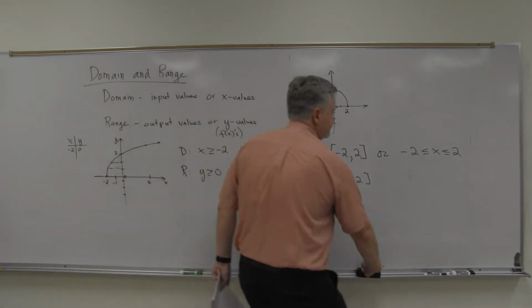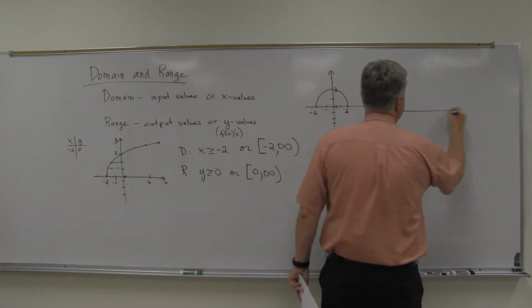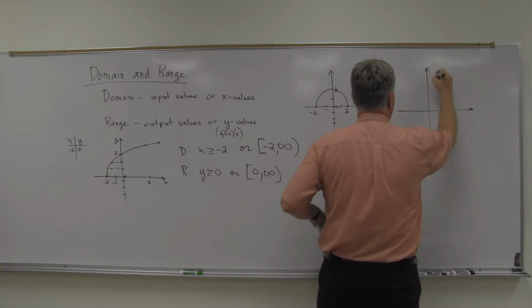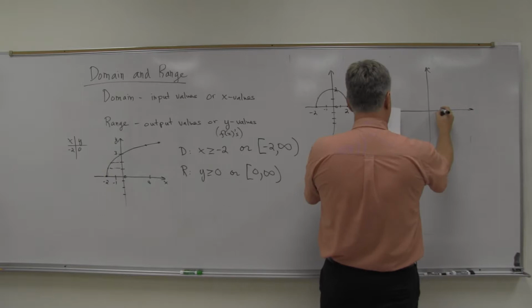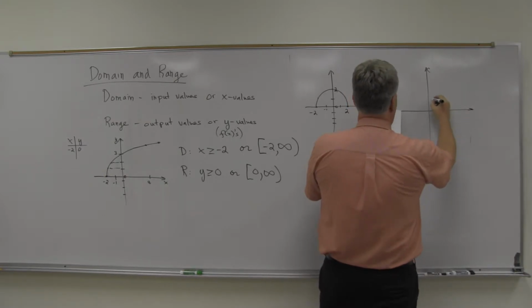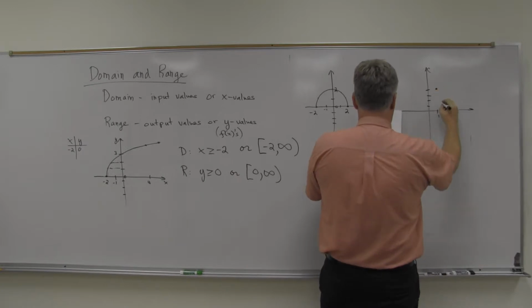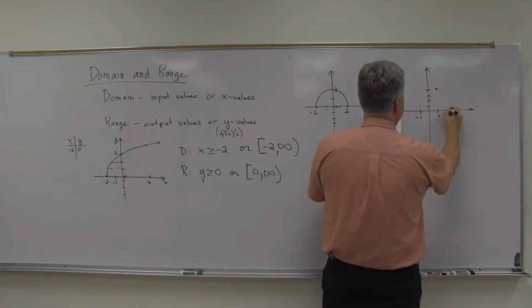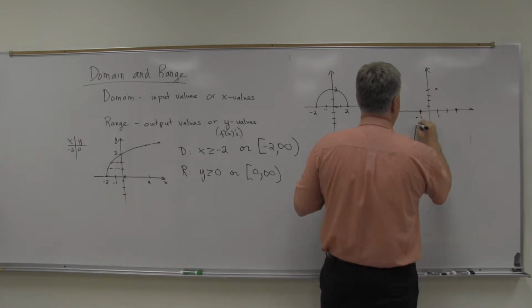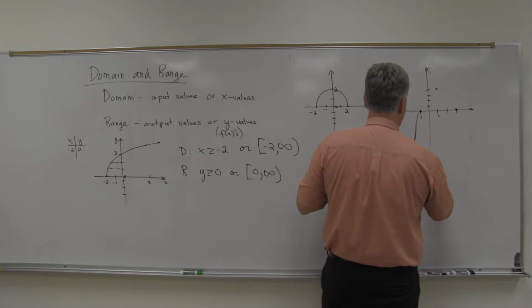One more. All right, so this one, you've got a high point here, is that 1, 4. Crosses the y-axis at -1, positive curve shape here.